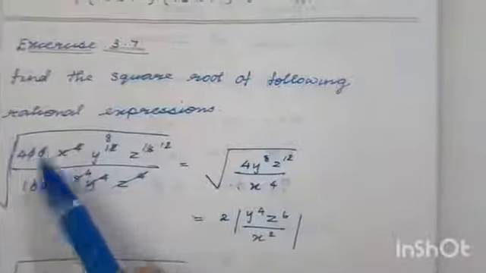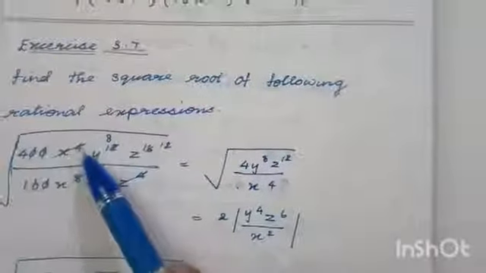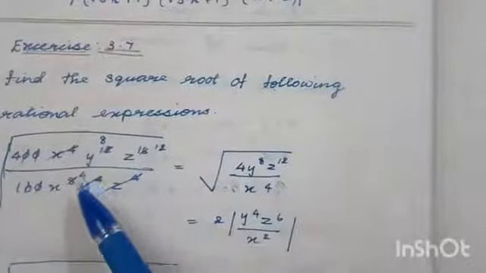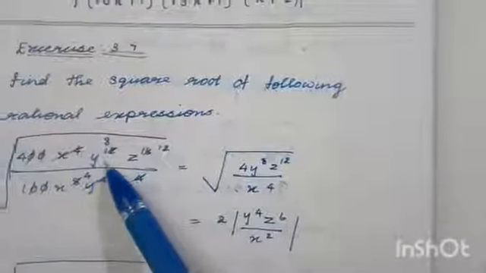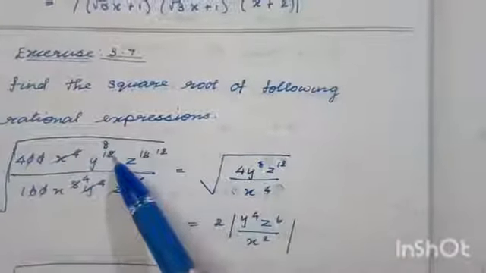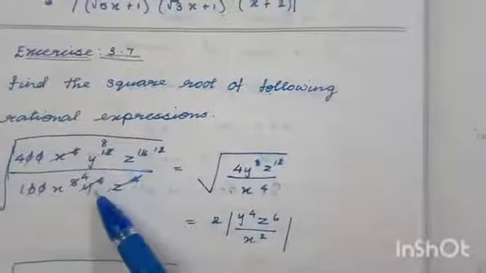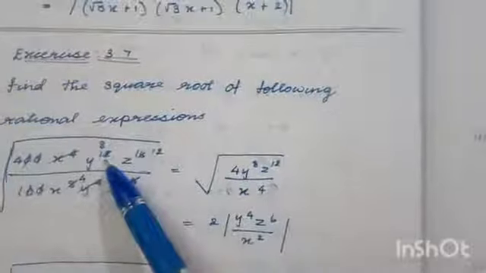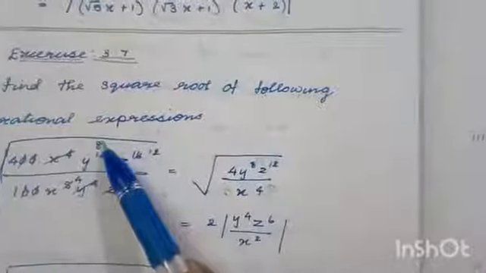So the two zeros cancel. For x power 4 here and x power 8 there, 4 times is cancelled, so 4 remains. For y, 12 times is there and here 4, so you remove 4 times. So 12 minus 4, 8.